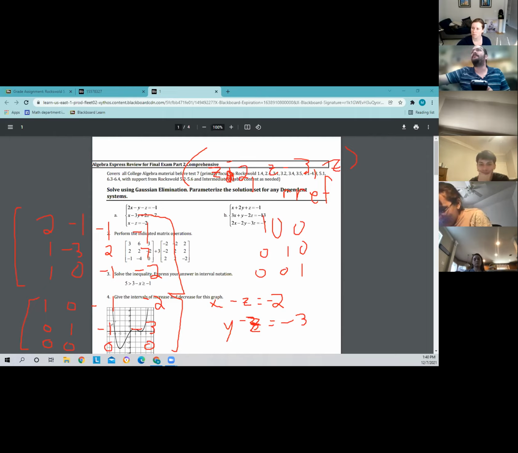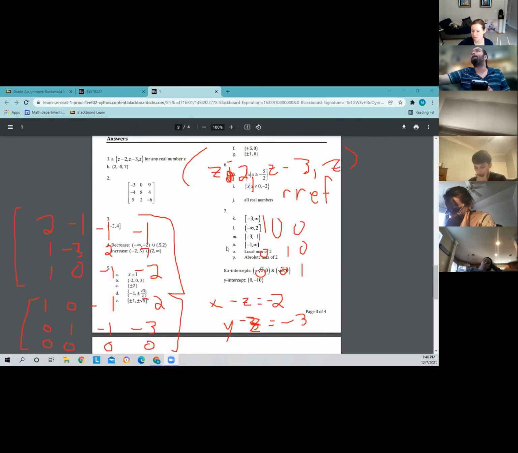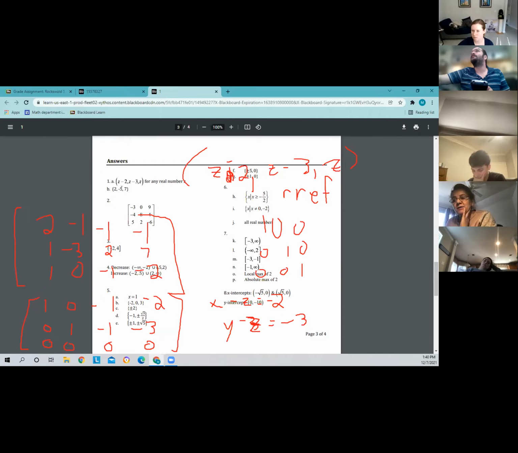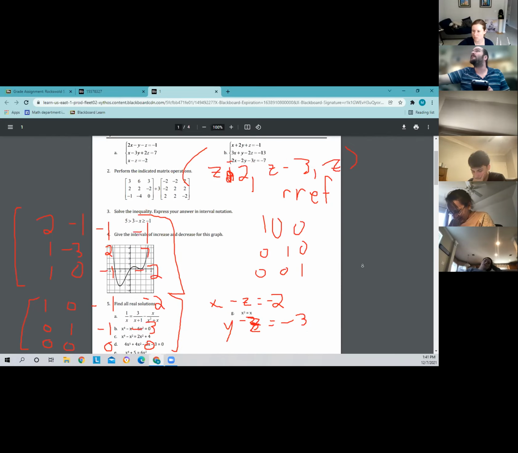That one should be negative, and we add the z over. So x should be z minus 2, and y equals 3 minus z. Yeah, that's what I said: z minus 2, z minus 3, and z is what I'm getting.